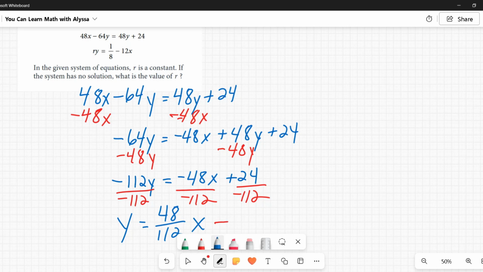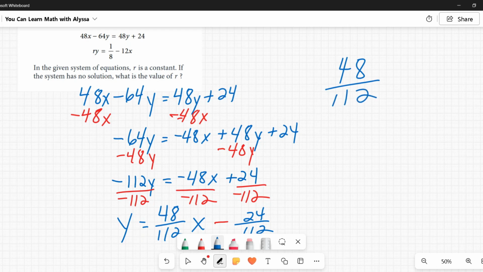So minus 24 over 112. I'm not going to worry about simplifying the 24 over 112 because it doesn't matter for our problem, and I'm not going to waste my time on that on the SAT. I am going to see about simplifying this one because I think that's going to help me in a minute. I like having more simple fractions. So let's see if we can do that quickly.